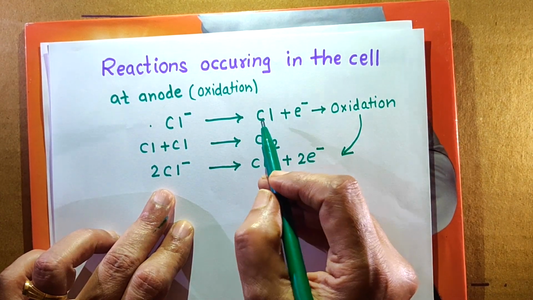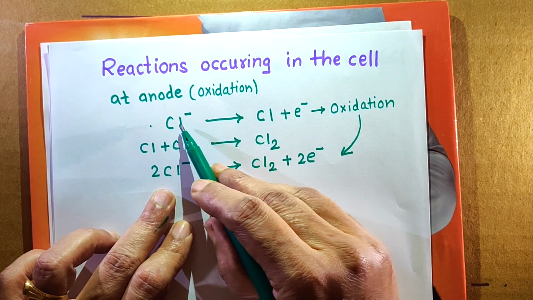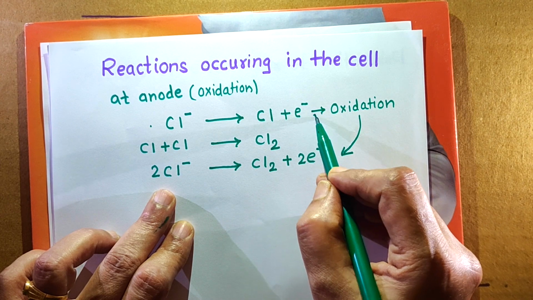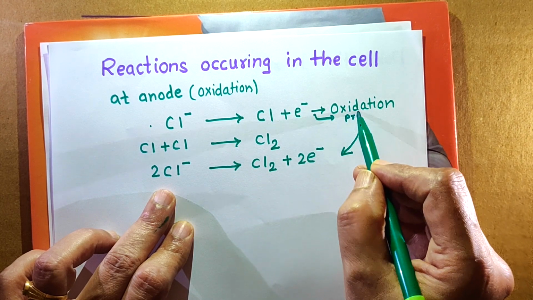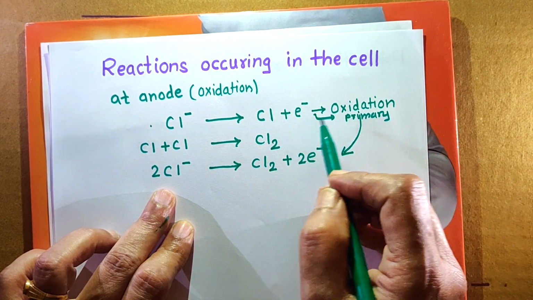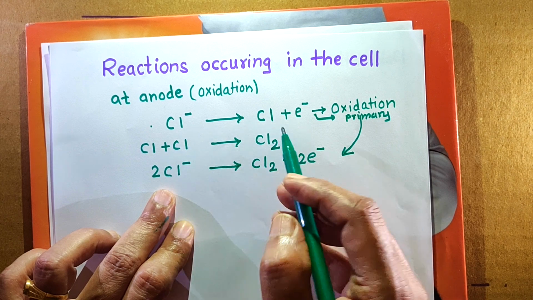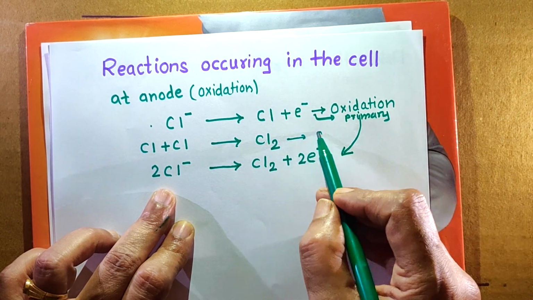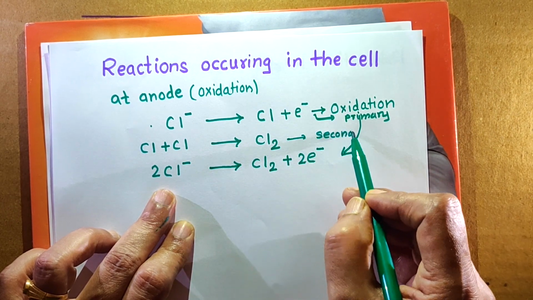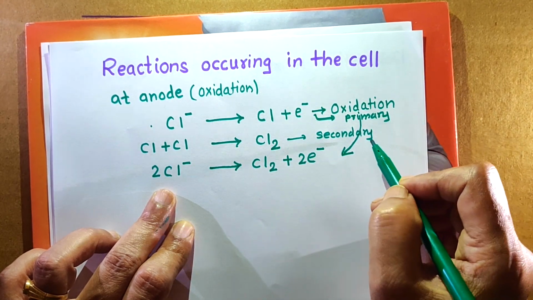The reaction which actually takes place at the electrode itself, that is Cl minus ion losing an electron, is called the primary reaction. And after losing electrons, these 2 Cl atoms combine together to give a chlorine molecule, that is called the secondary reaction. So here two reactions take place.